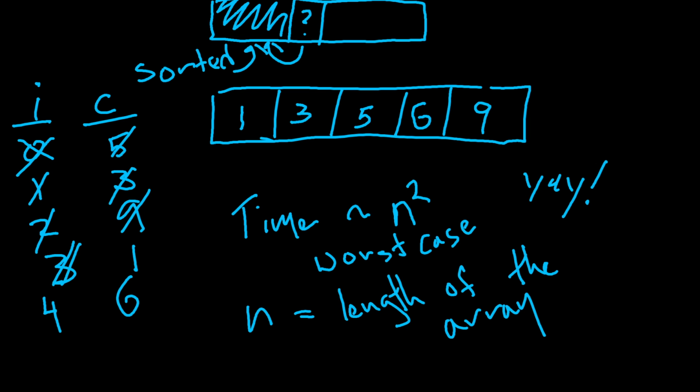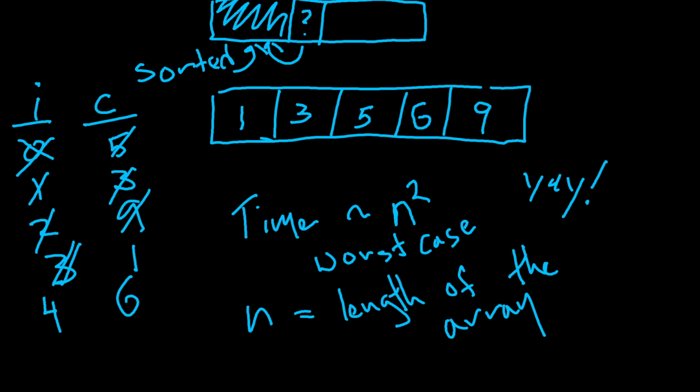We go through each value. We're going to do that n times, or the number of values in the array. And then for each value, we need to move it to the left. So basically the worst case would be backwards sorted order or something close to that, where we have to move everything every time to the front. So you can think for each number in the array, we have to move it basically almost the entire length of the array. So that's why you can say it's about n squared.